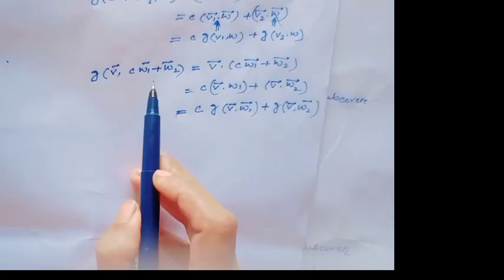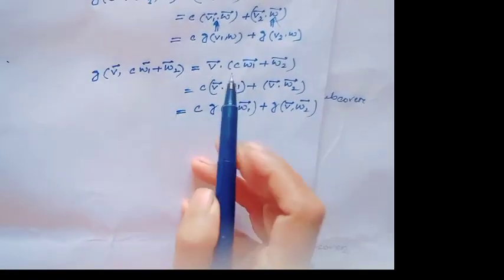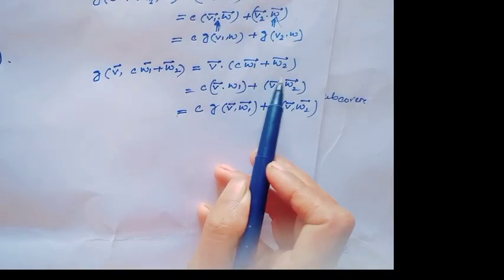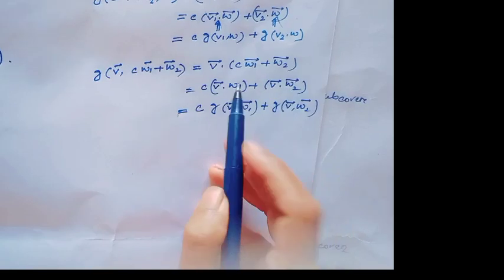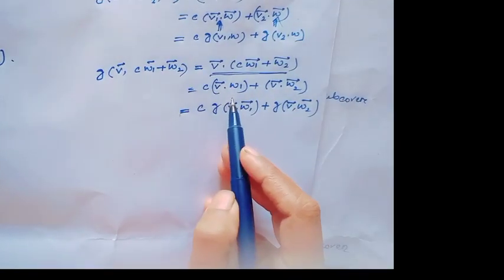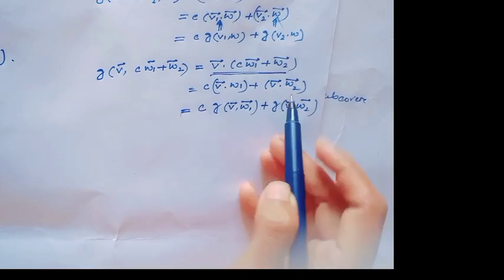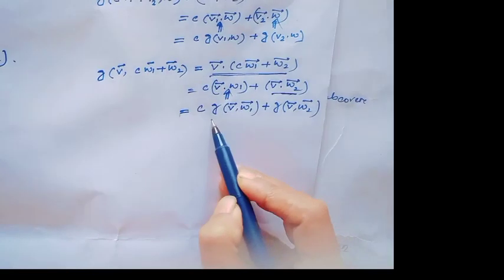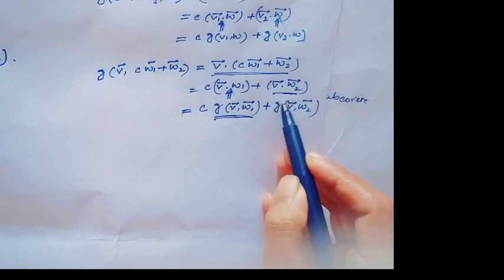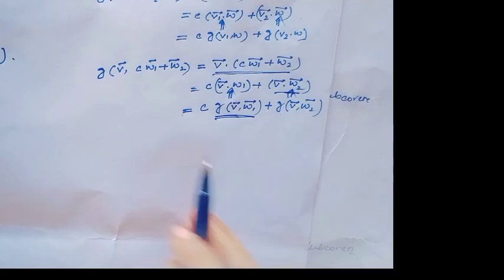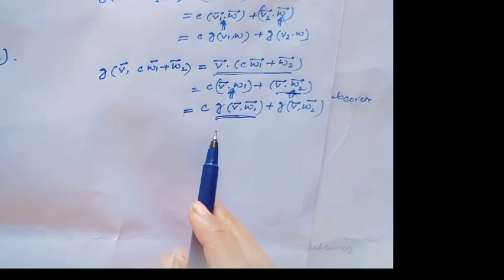g of v comma cw1 plus w2, by definition, is v dotted with cw1 plus w2. Then by definition of dot product, this is c times v dotted with w1 plus v dotted with w2. Obviously this means c times g of v comma w1 plus g of v comma w2. So with respect to the second argument, this is also linear.